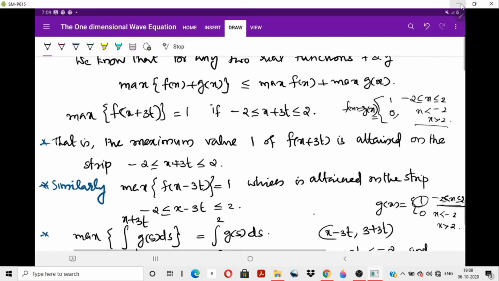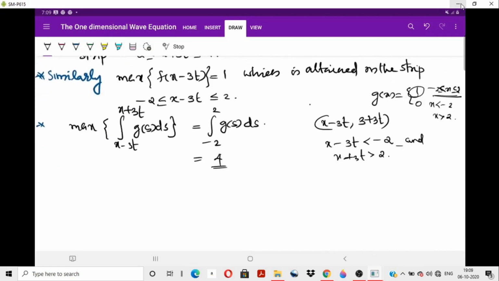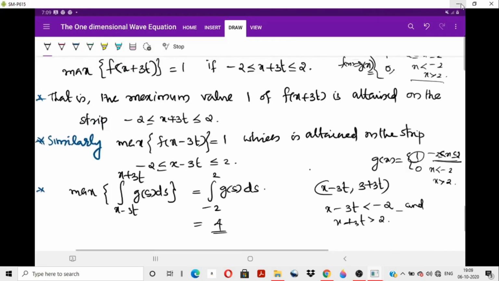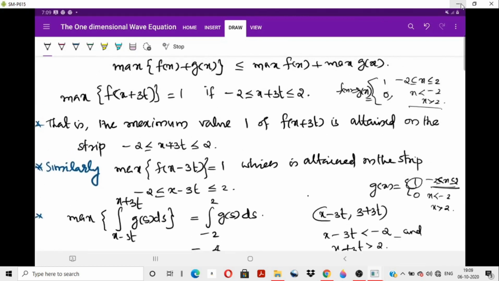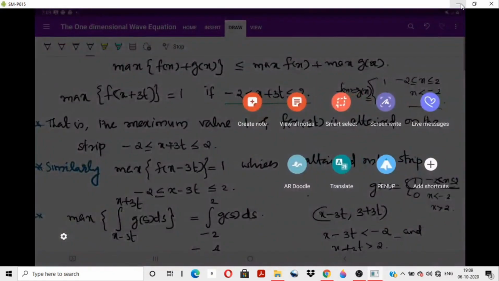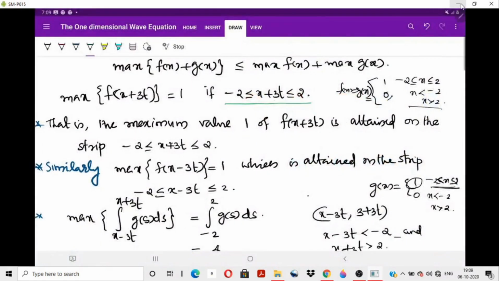Now, in order to find the point at which this maximum is obtained, we consider the intersection of all these sets. So for the first function to have the maximum value 1, x plus 3t must lie in this one, that is minus 2 less than or equal to x plus 3t less than or equal to 2.